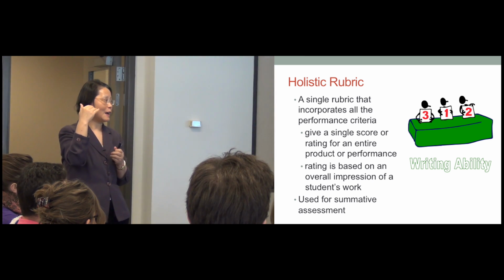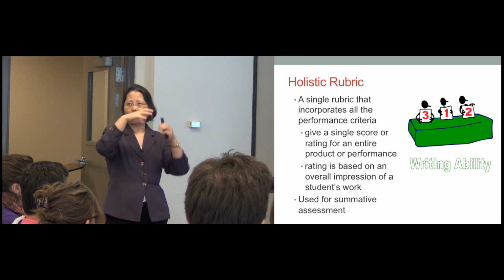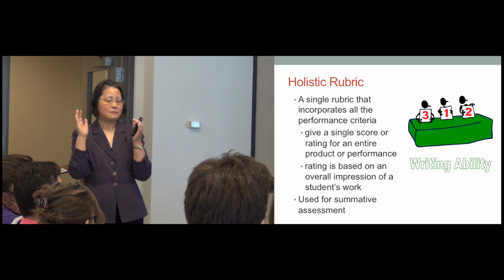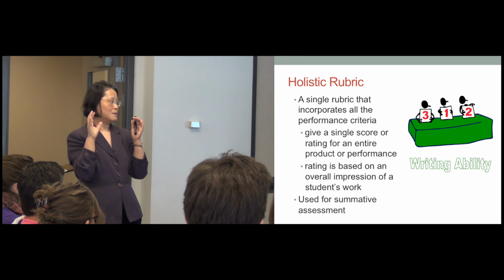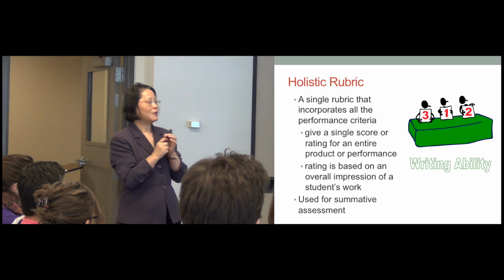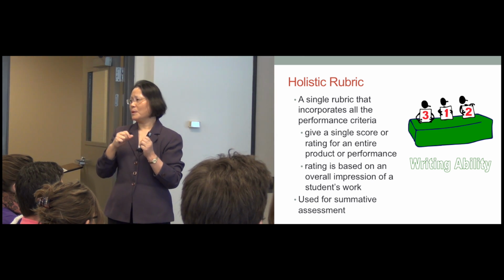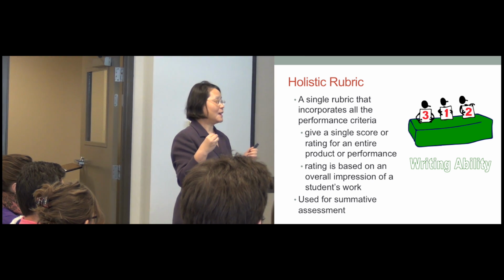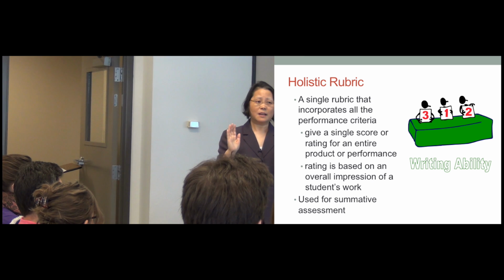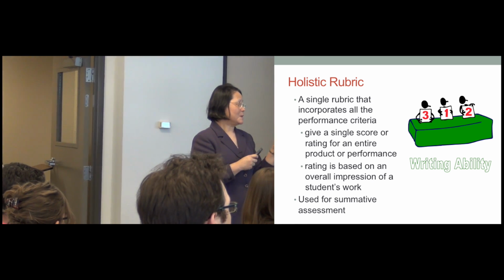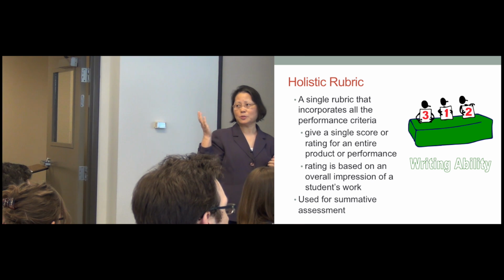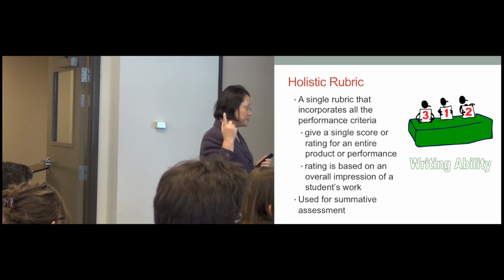For level 3, they meet all these 3 dimensions. For level 2, they maybe meet 2 of those 3 dimensions, and for level 1, they did not meet any of these. So the rubric just gives you a single score, either 1, 2, or 3. Students just get 1 score.